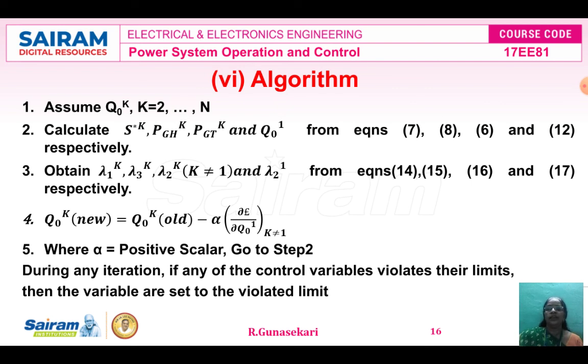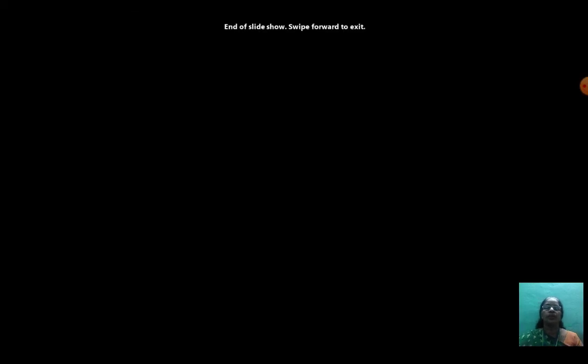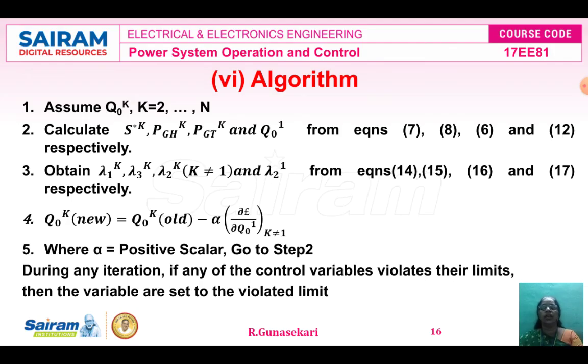Then during any iteration, if any of the control variables violate their limits, for example, if the voltage is 440 and it goes beyond 430 or 420, that is a violation of limits, then the variable is set to the violated limit. Okay, so this is the algorithm.